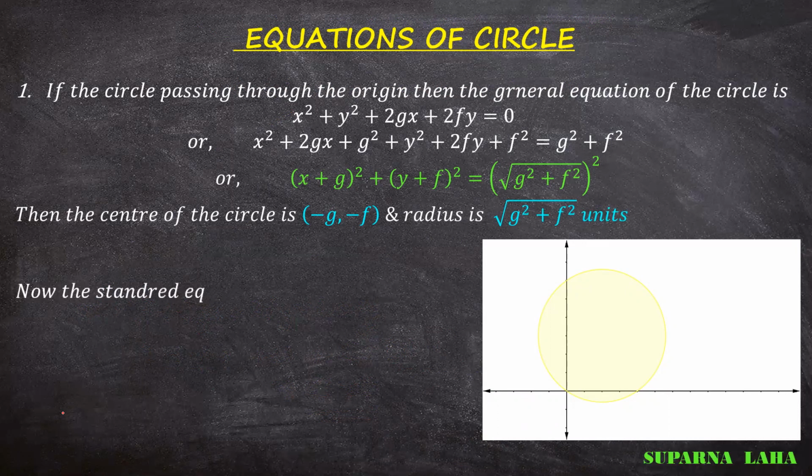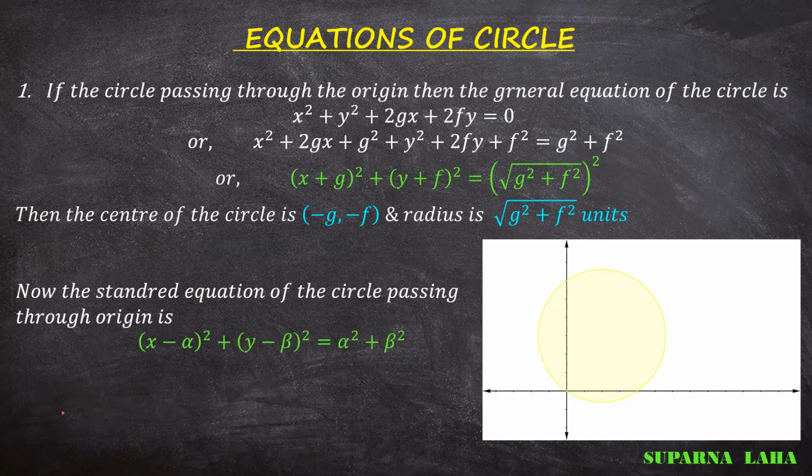And the standard form we already found, that is (x − α)² + (y − β)² = α² + β². So here the center is (α, β) and the radius is √(α² + β²). So this is the general form and the standard form of the circle which is passing through the origin.